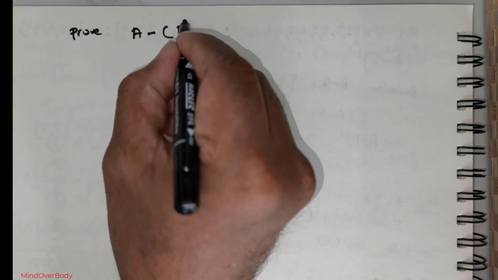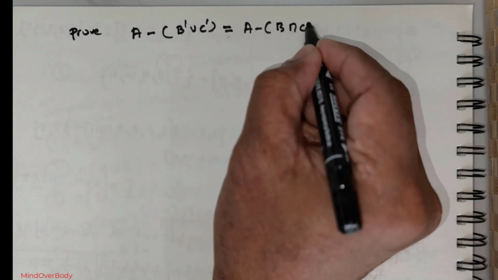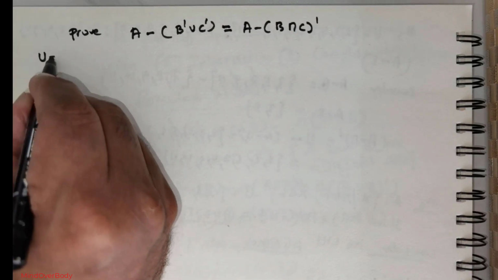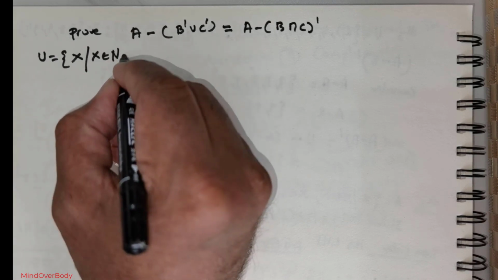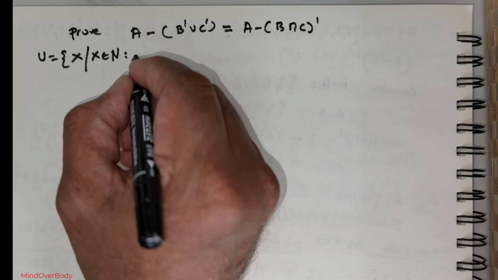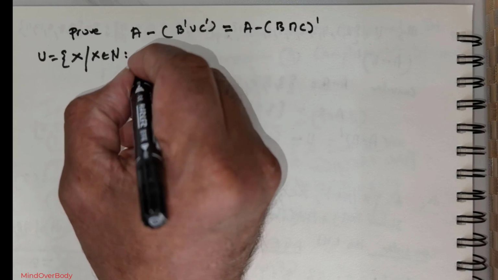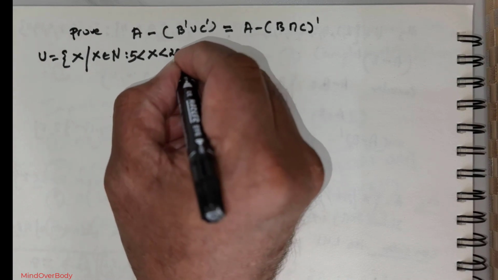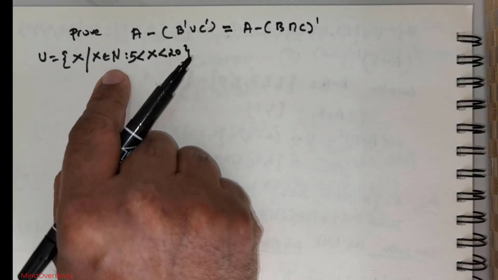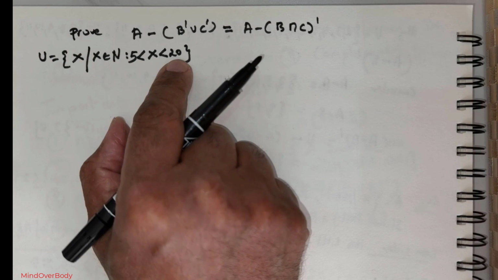To prove this, A difference of B complement union C complement should be equal to A difference of B intersection C, the whole complement, given that U is the collection of all X such that X is a natural number and X lies between 5 and 20.